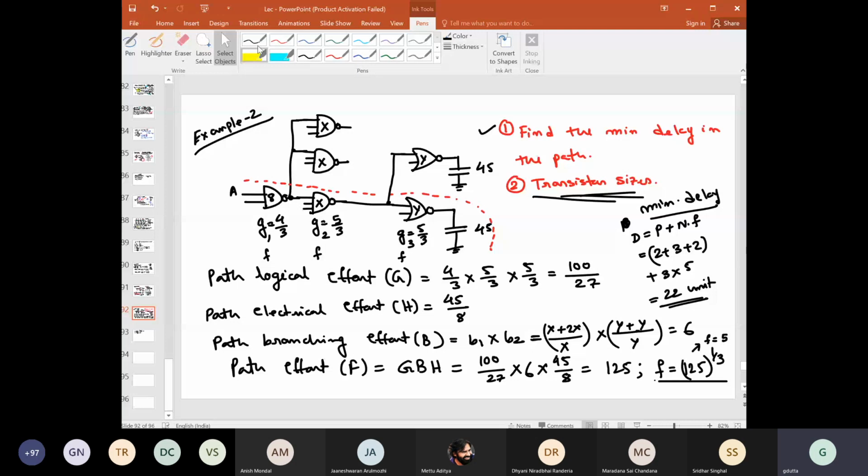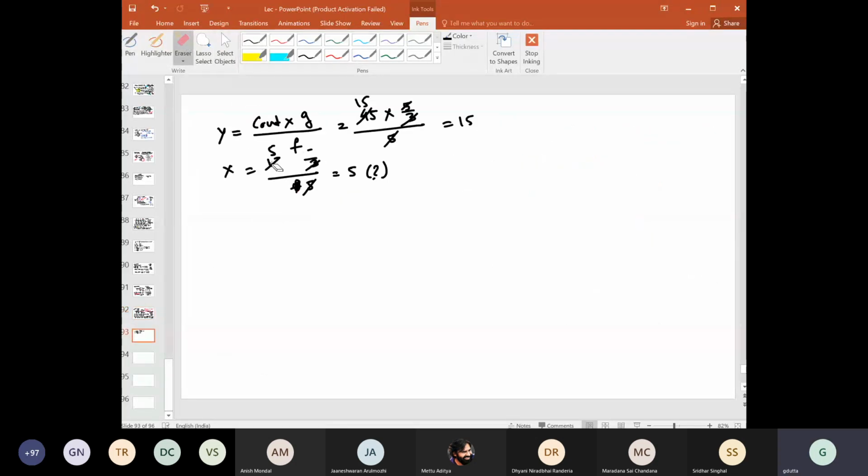See here, in the previous case we considered that this Y has been driven by only X, but here X is driving this Y as well as this Y, right? So it will be this 2Y that we have to consider. So it is not only the Y, not only 15, but 15 plus 15, into that G. What will be the value of G? 5 by 3, divided by F which is 5, right?